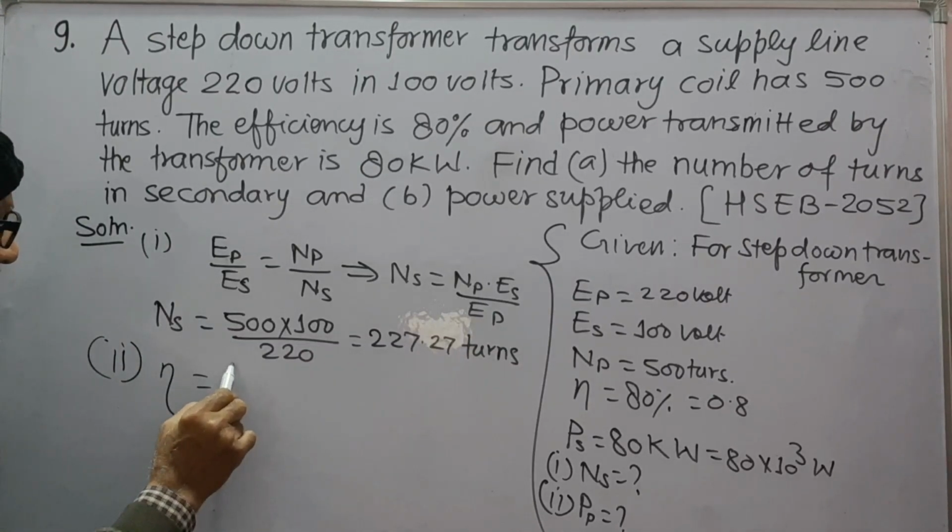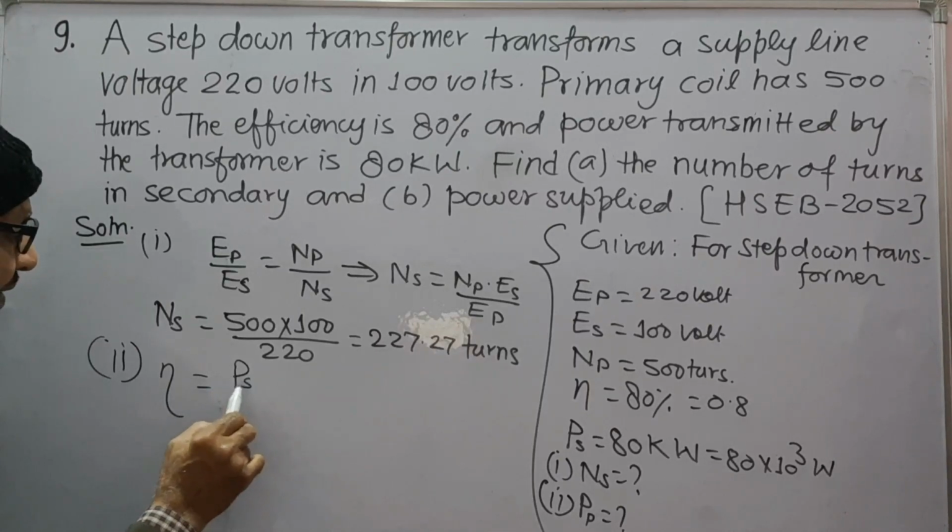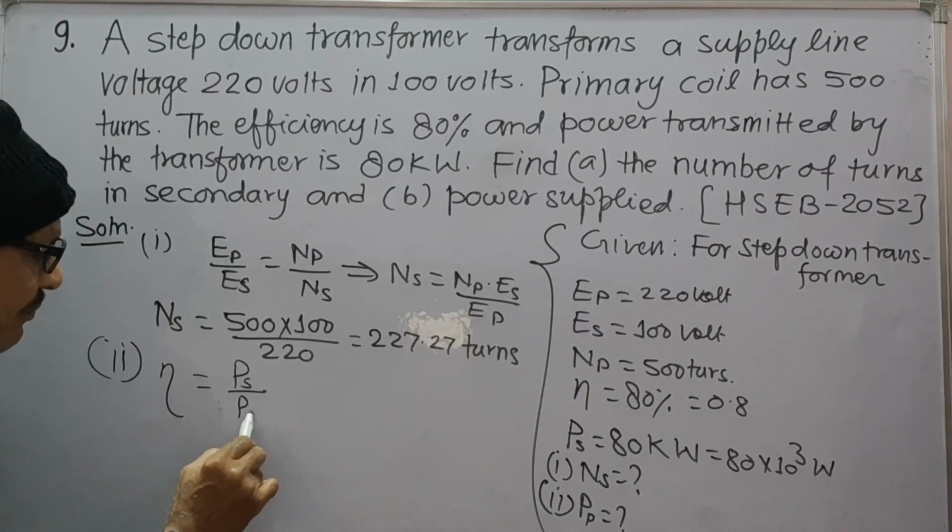Now second part, efficiency is defined as the ratio of P secondary and P primary.